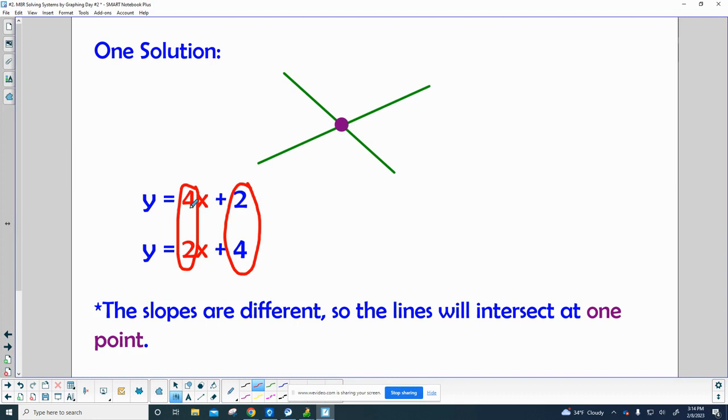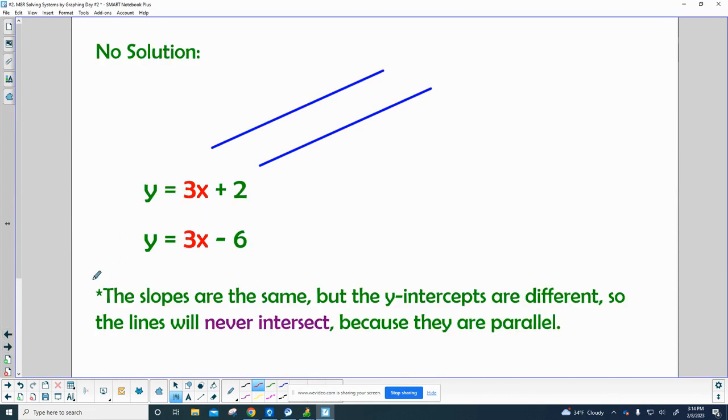That's another way to determine that the lines are going to have exactly one solution and cross at one point. Now, I want you to understand these equations are not the equations that were used to graph these two lines. Otherwise, both of these slopes would be positive.